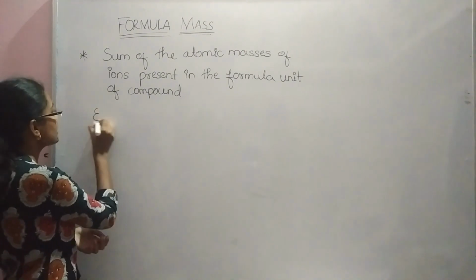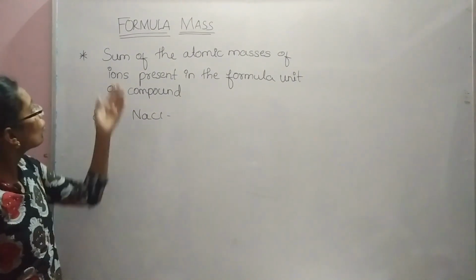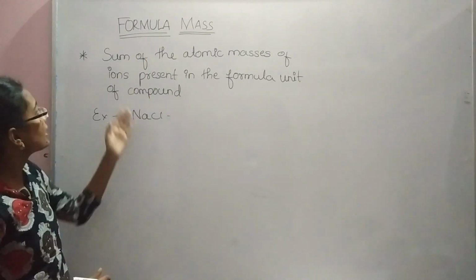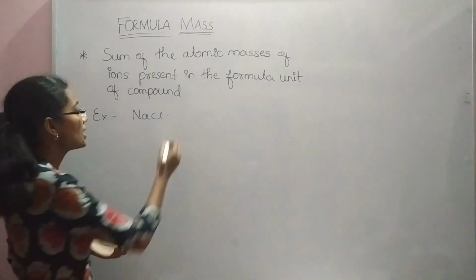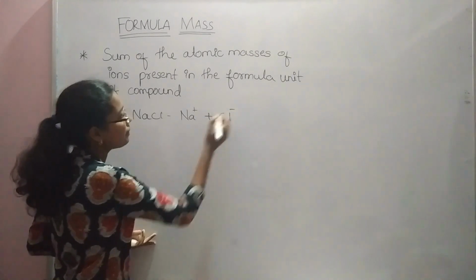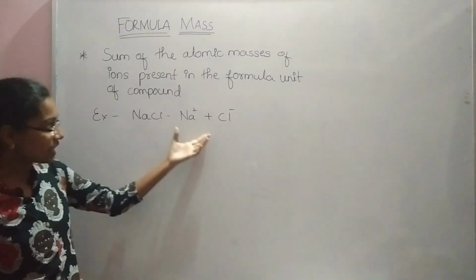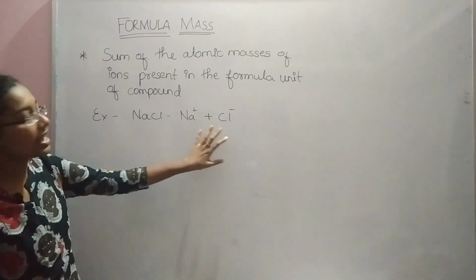In NaCl, the formula is NaCl only. So the formula mass of NaCl is the sum of the atomic masses of ions. What are the ions in this? Na+ and Cl-. It is nothing but the sum of the atomic masses of these ions.